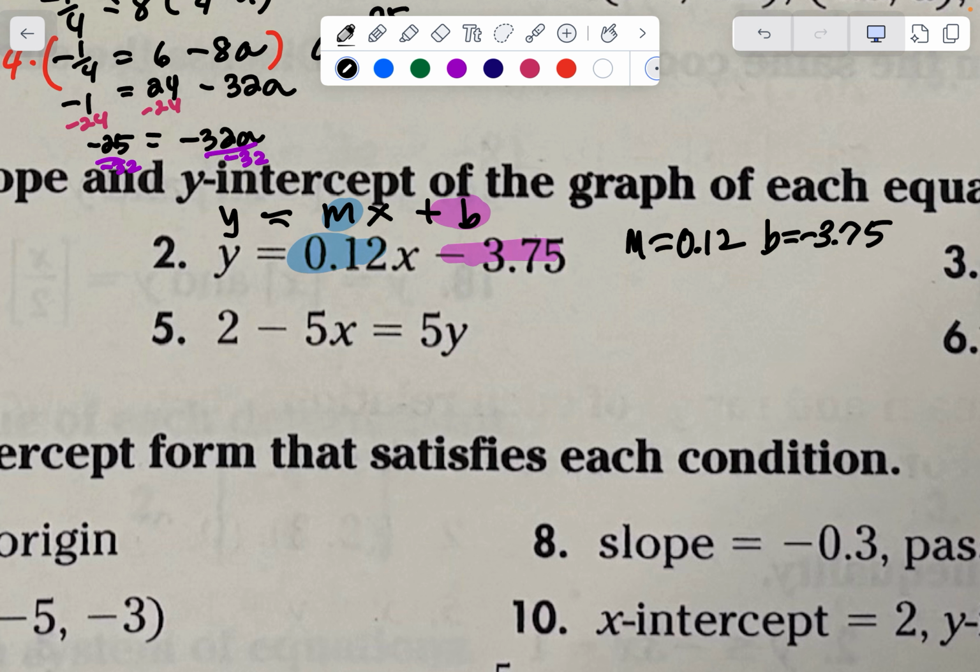Is 5 the way we want it? No, right? We need to solve it for y. So we can just get that coefficient off of that y, divide everything by 5. Now, if it doesn't divide by 5, just leave it. If it's divisible by 5, divide it.